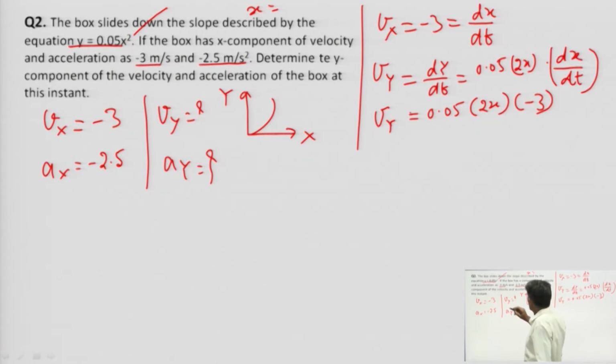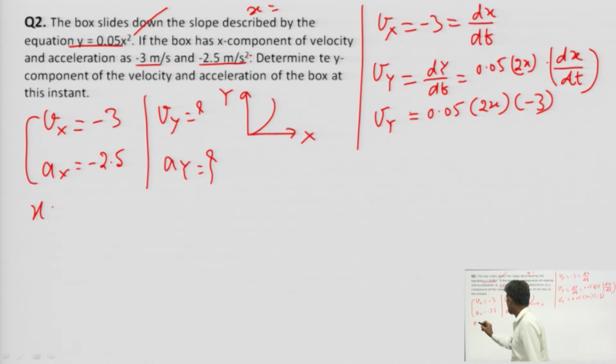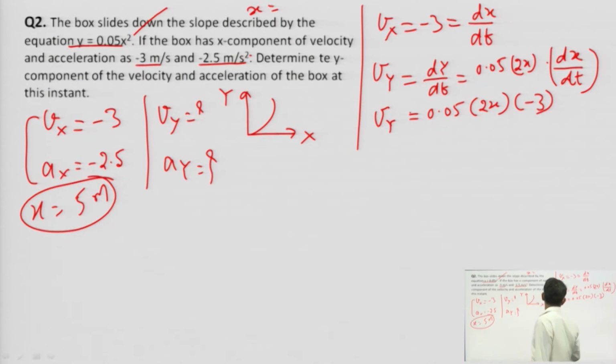So let us take it as I am giving you the components Vx and ax, and these are at x equal to say 5 meter. So put the value, because if x is not given in the question, then we cannot calculate this. So x should be given, x is missing in this question.